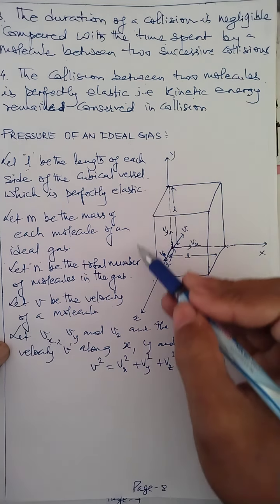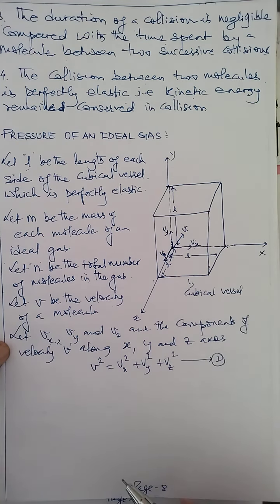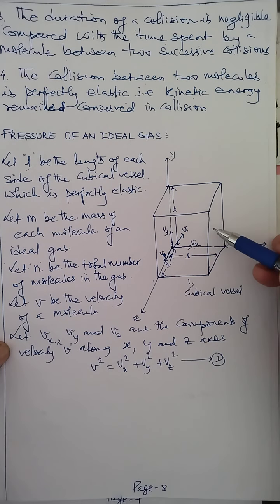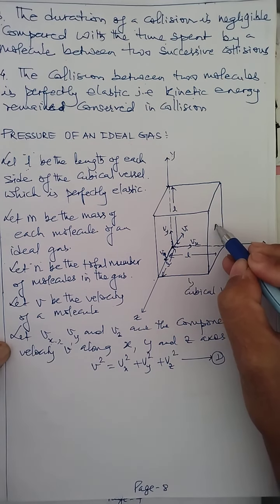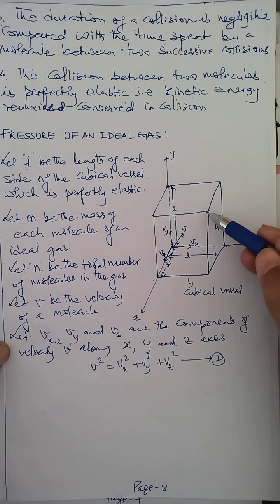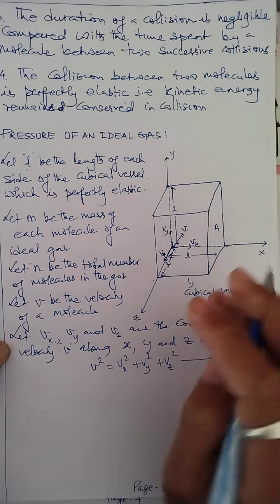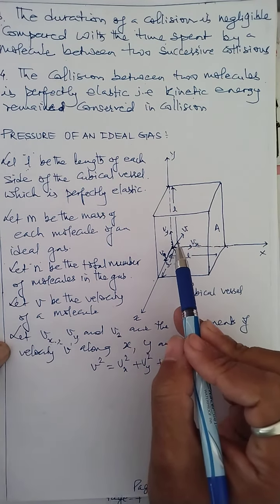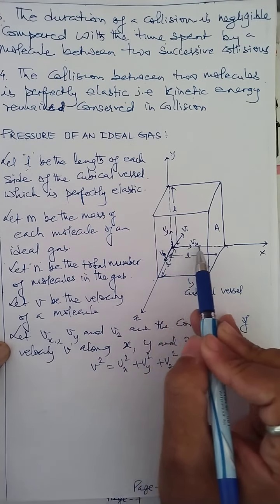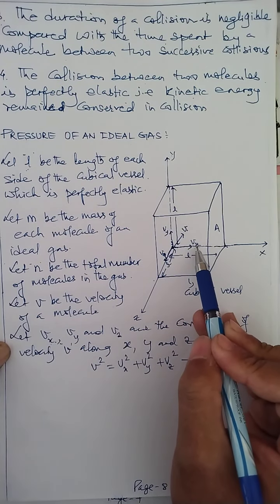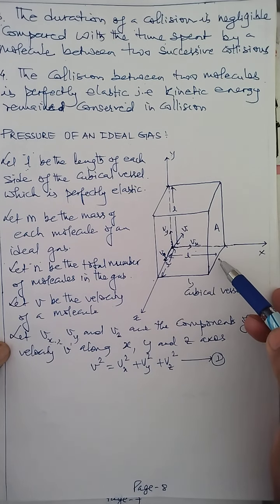We are taking these molecules in a cubical vessel, and this is the surface of the vessel, consider the surface A. This is one of the surfaces where the molecule moving along the x-axis with velocity Bx will collide.